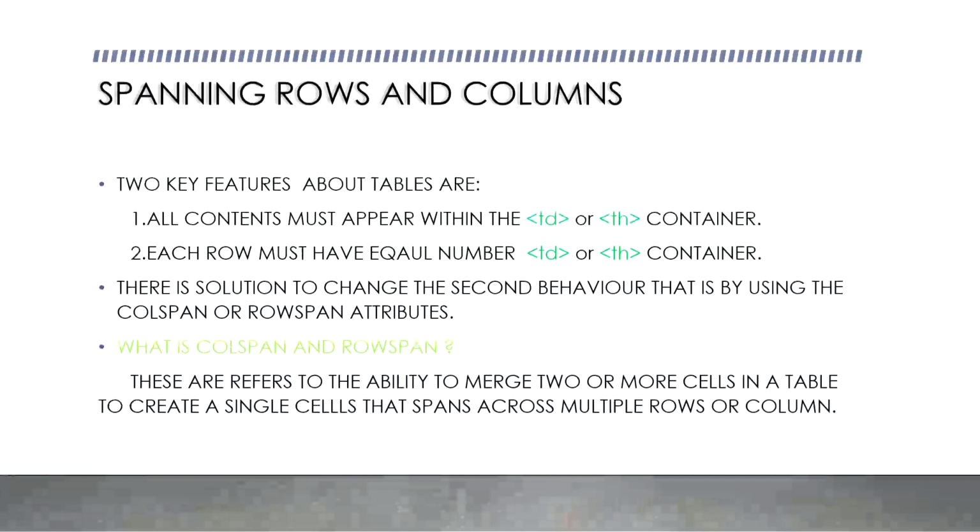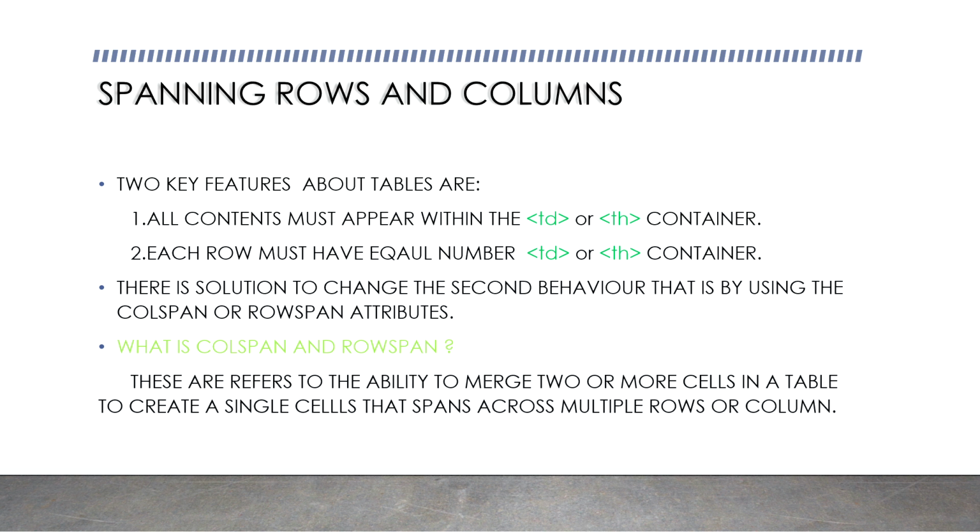Spanning rows and columns. Two key features about tables are, the first one, all contents must appear within the table row or table header container, td or th container. Each row must have an equal number of td or th containers. There is a solution to change the second behavior, that is by using the colspan or rowspan attributes.